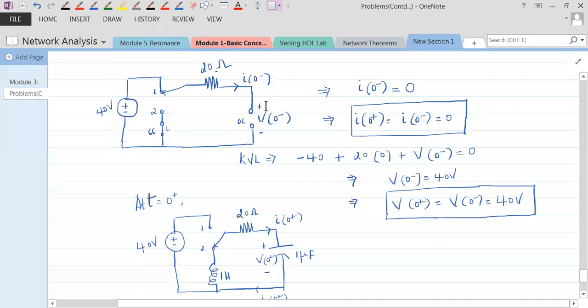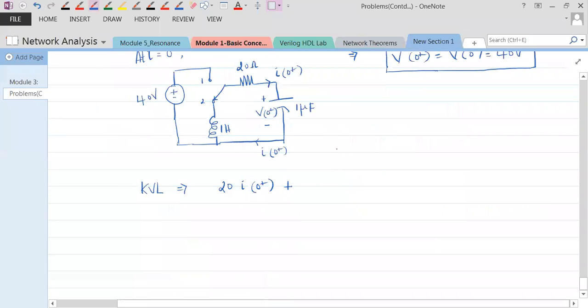I of 0 plus is 0, but V of 0 minus, see here, it's not 0. Everybody may think that the current is not flowing, so the voltage drop is not there. But this is connected with this circuit. Everybody understand how the circuit is. So the circuit would now look like this, plus minus V of 0 minus.